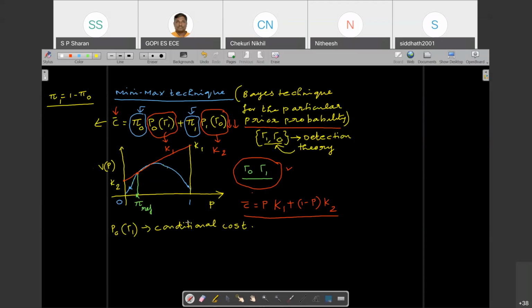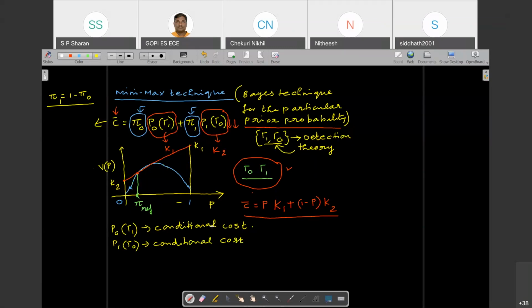Yeah, P naught of gamma 1 and this naught, they are all the conditional cost here, right? So this is the conditional cost here. Right?